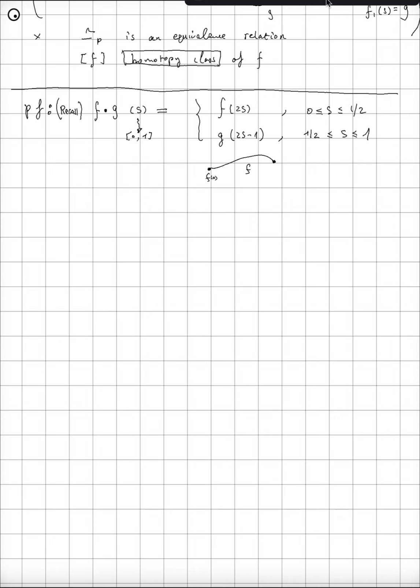This is f0, f1, but also equals g0, and then we end at g1. Of course, it should be something continuous. And secondly, let's check that this is well defined.